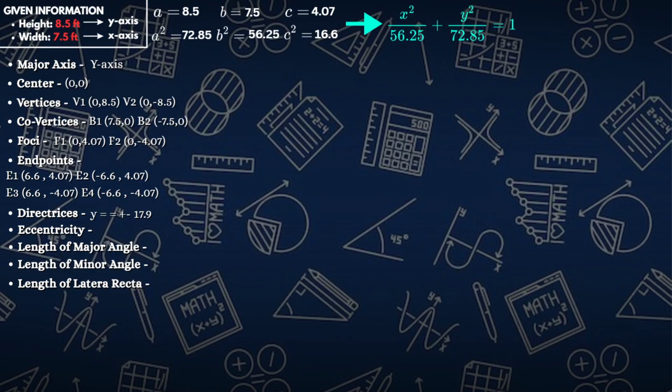Okay, class, I hope that you're still following with me, because we still have to solve for the four parts of the ellipse. For the eccentricity, this is just basic. We just have to use the formula c over a. Our c is 4.07.